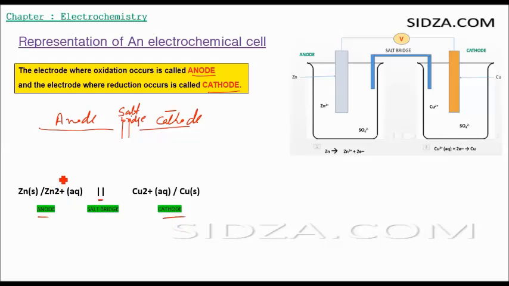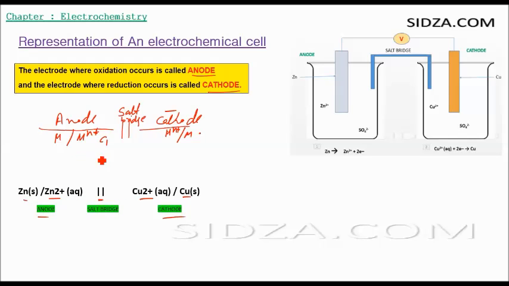And when I represent the anode, I'll write down the metal by metal ion solution, and also represent the concentration of the electrolytes. And for the cathode, I'm going to represent it by the metal ion, then the metal. That's where you find here copper 2 plus by copper, and here the zinc and the zinc ion.